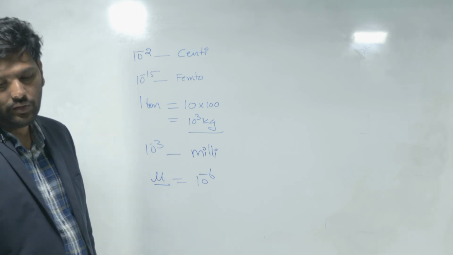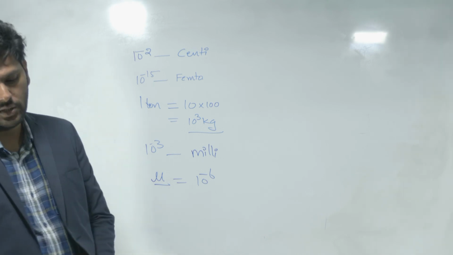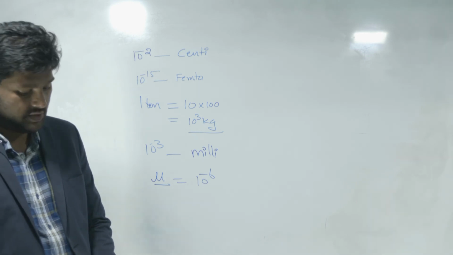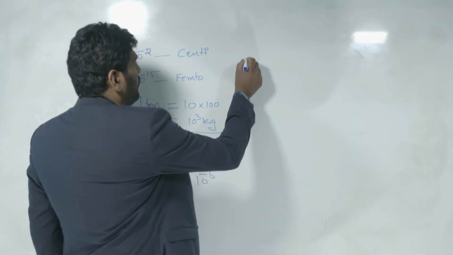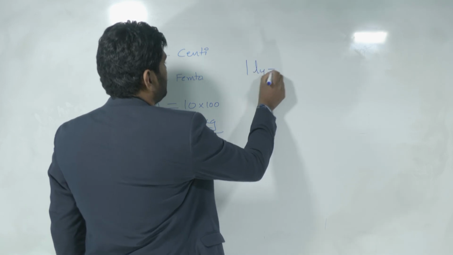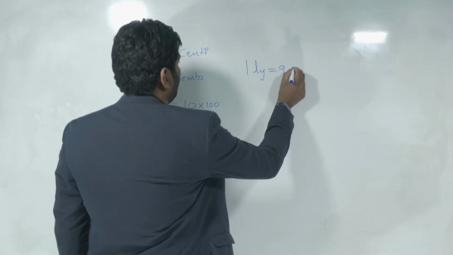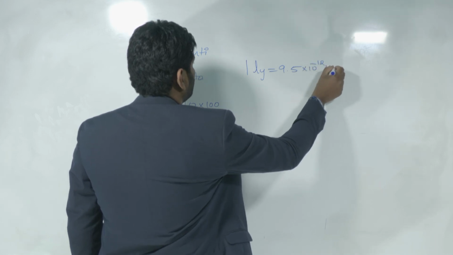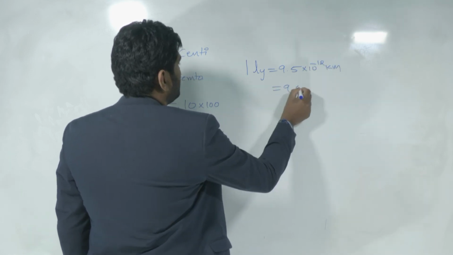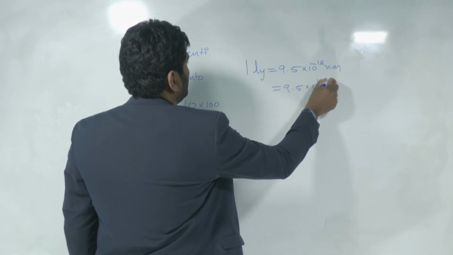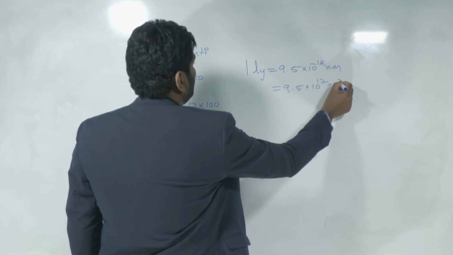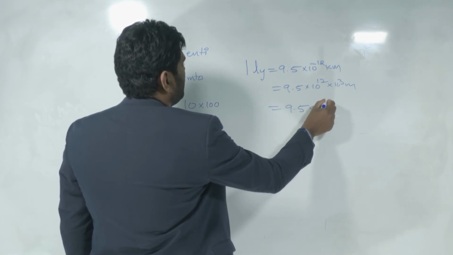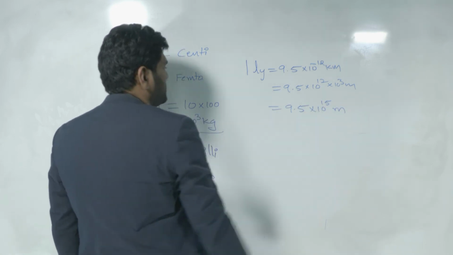Light year is equal to how many meters? They are asking in meters, right? A very tough question they have given. 1 light year is equal to 9.5 into 10 power 12 kilometers. Convert this into meters: kilo means 10 power 3 meters. So finally 9.5 into 10 power 15 meters.